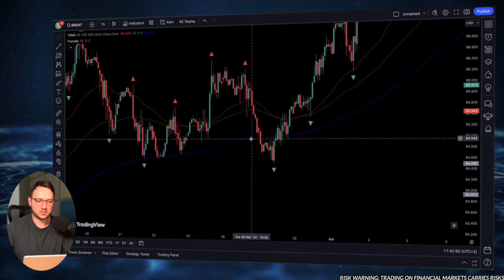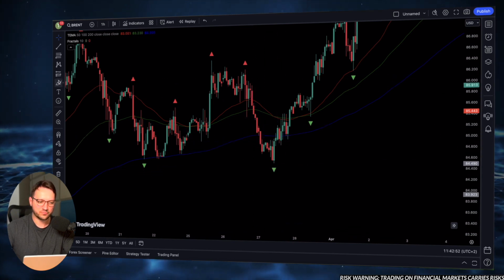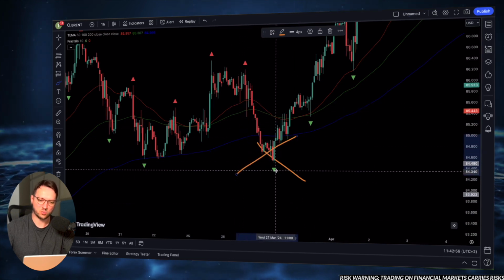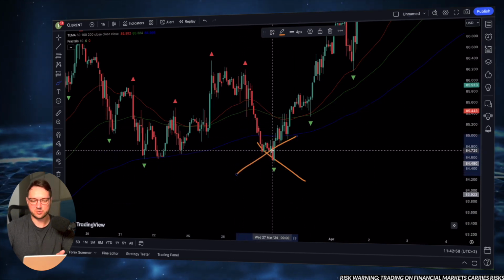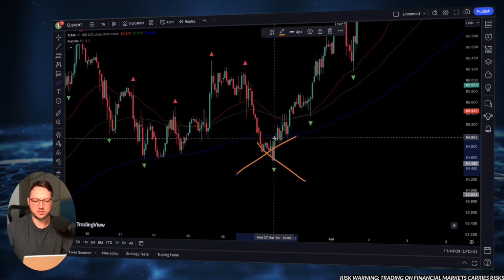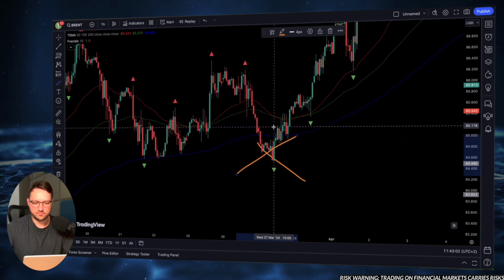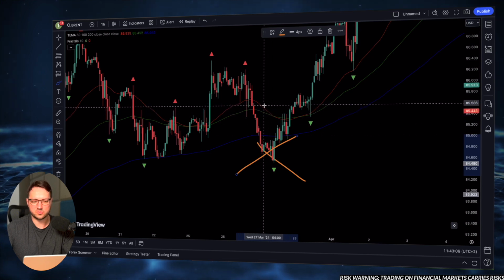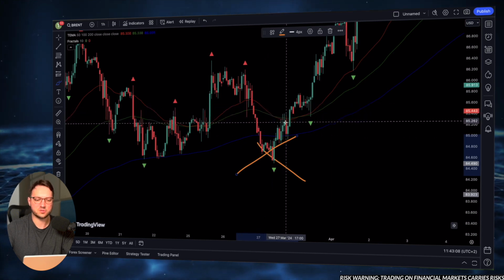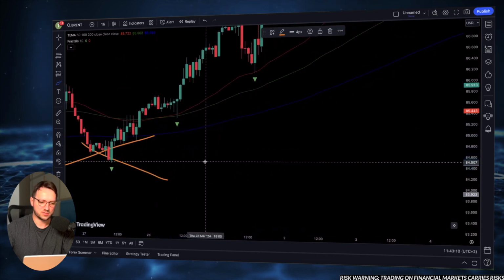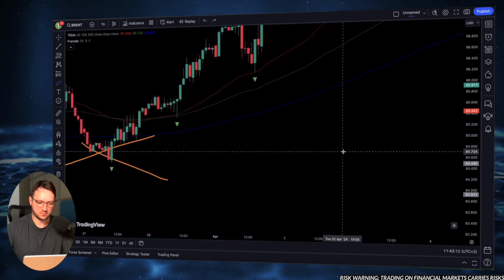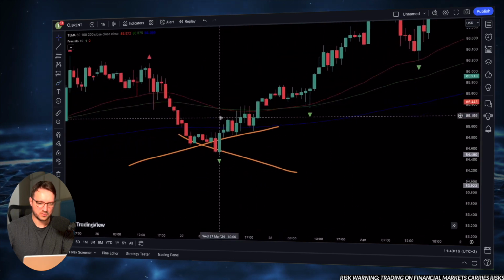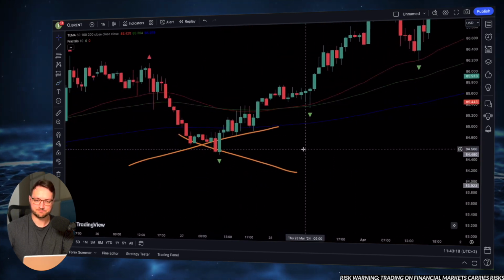We wouldn't take into account this situation, because the price went down, the fractal went, but first thing, the price went below the 200 period moving average, and as you can see here, the 50 period moving average crossed the 100 period moving average. So that would not work for us.